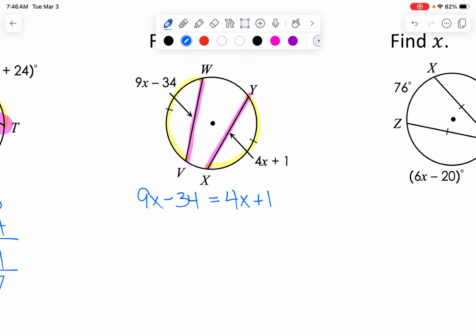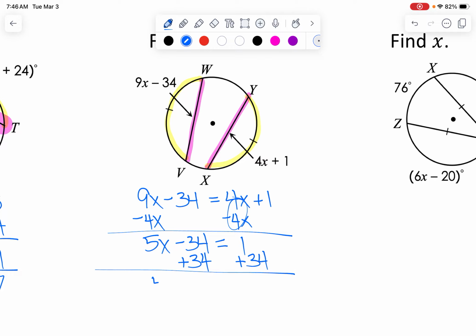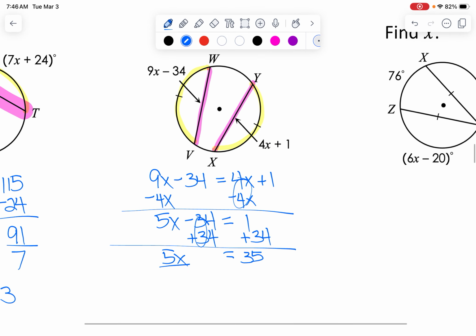And now we just solve. So get all our x's on one side. 5x minus 34 equals 1. Add 34 to both sides. Okay, so 5x equals 35, and then divide by 5.